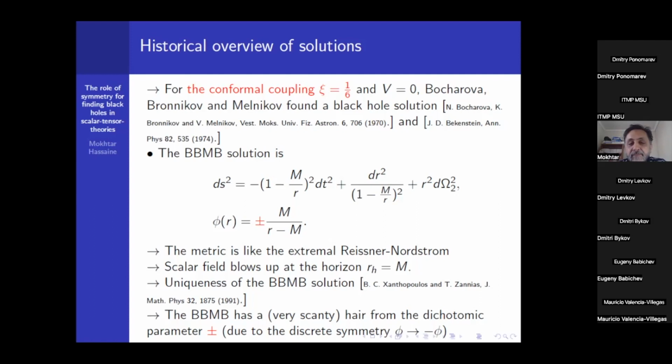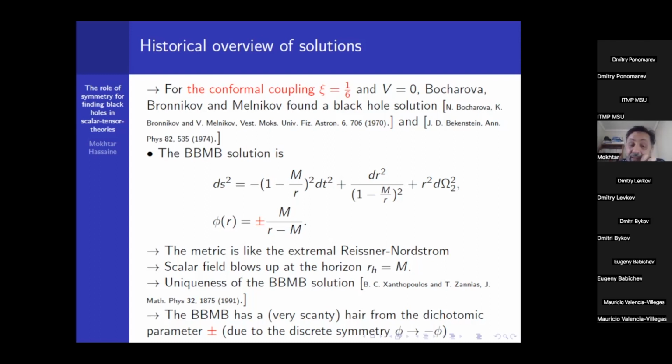Well, I'm not an expert, but I saw that the reason why one has these no-hair theorems is precisely because there are issues like the stress energy tensor blowing up at the horizon, and that's why people rule them out, right? And here you have a solution which is also singular at the horizon. Yeah, but it's only the scalar field.